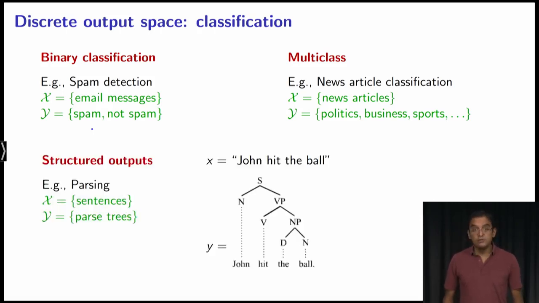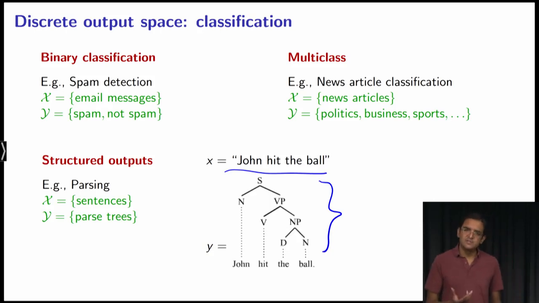And there are also cases in which the desired output is discrete, but it's something more complex that has some combinatorial structure to it. In parsing, for example, the input is a sentence, like John hit the ball. And the desired output is the parse tree for that sentence, so this entire object over here.